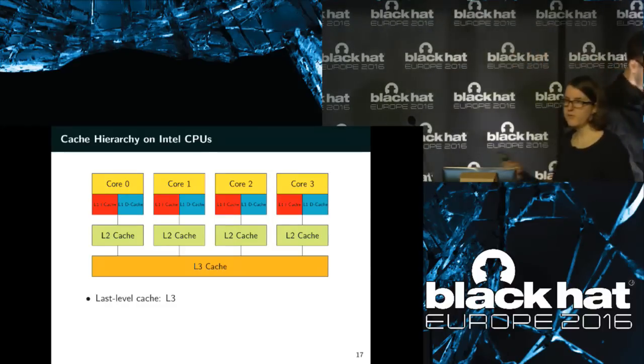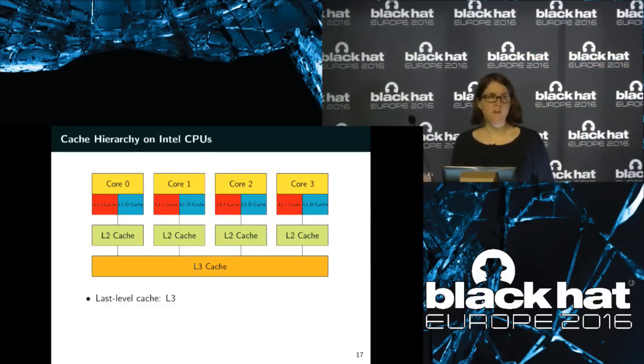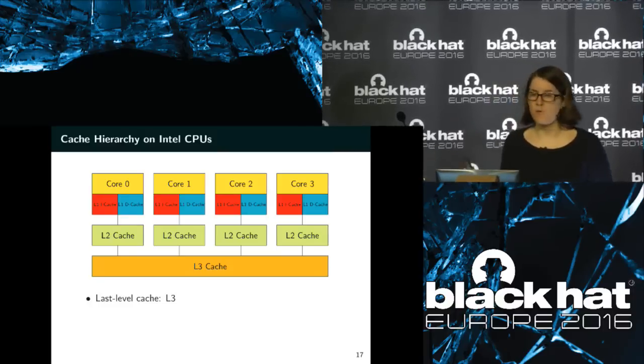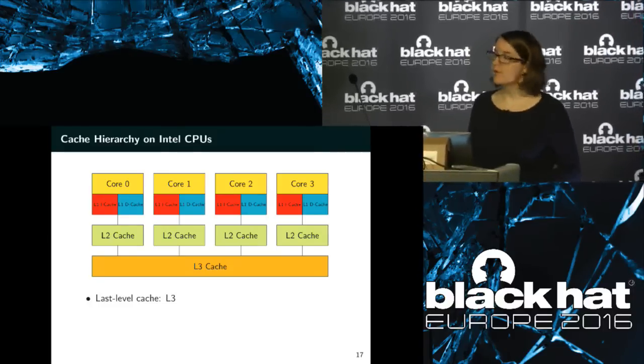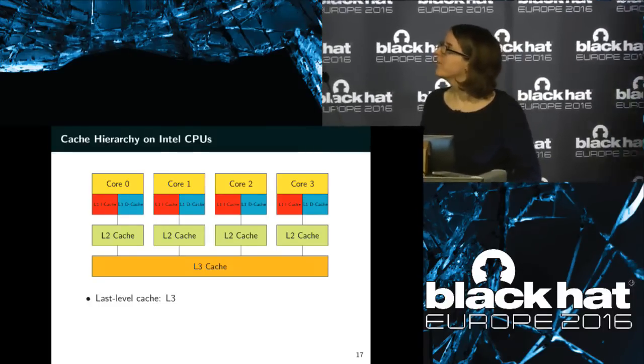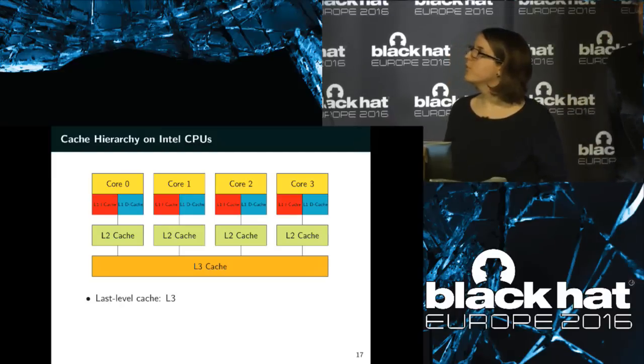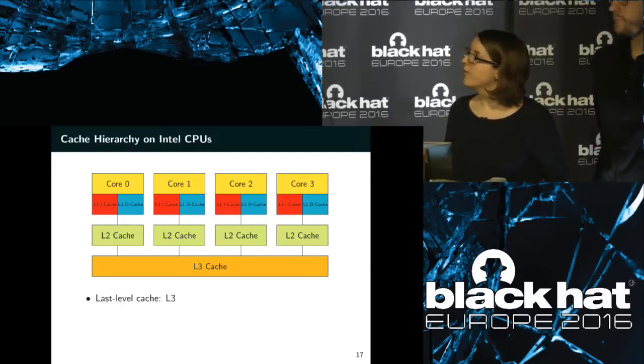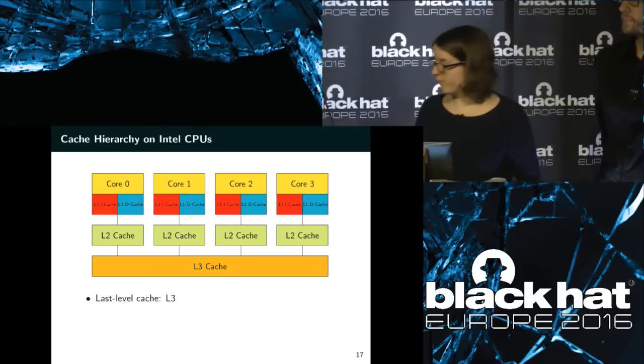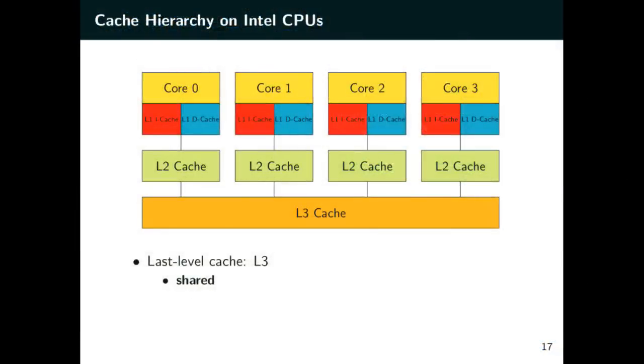So besides cache maintenance and timing, we also have the cache hierarchy that is quite different on ARM and on Intel CPUs. So this is for the modern Intel CPUs. We usually have 3 levels of caches. Level 1 and level 2 are private to each core, and we have the last level cache, level 3, and this one is shared. And it's also inclusive, which means that everything that is in level 1 and level 2 will also be in this last level cache.